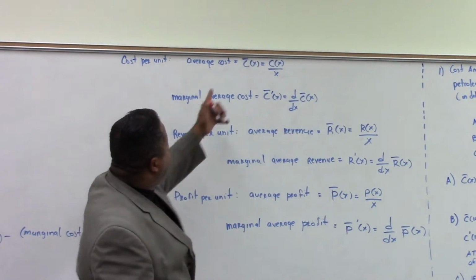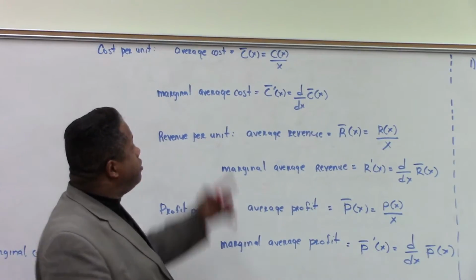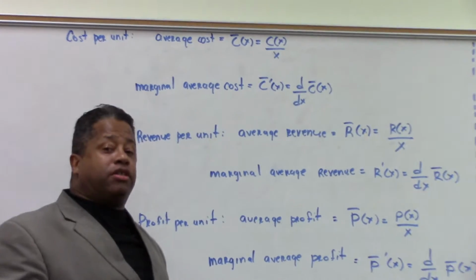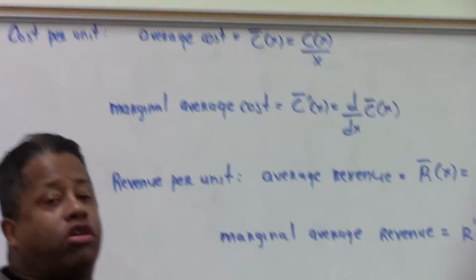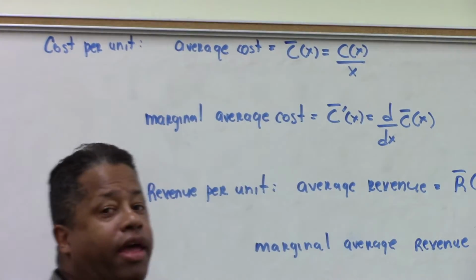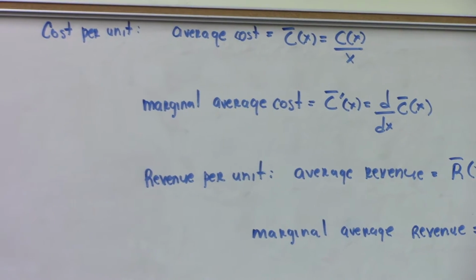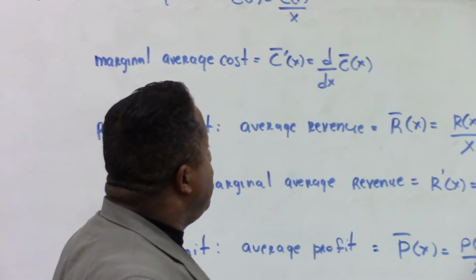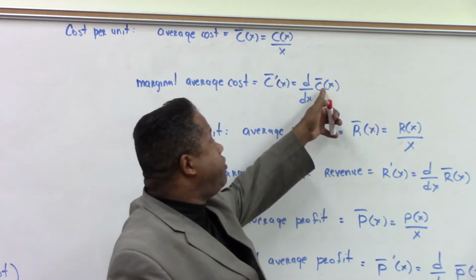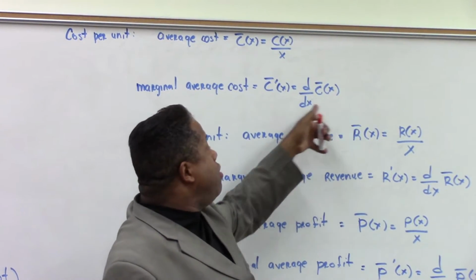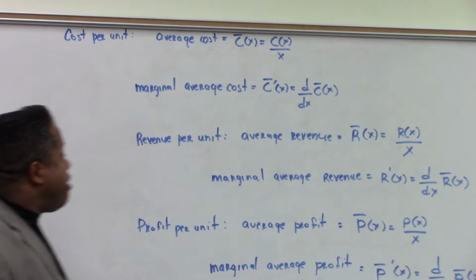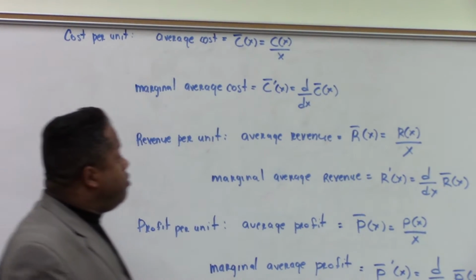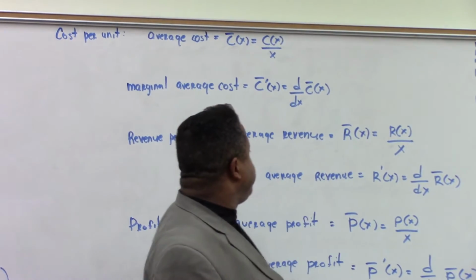The average cost is equal to C bar sub X, which is the cost function divided by X. And its marginal average cost is C bar prime of X, which is equal to the derivative of C bar of X with respect to X. Now the revenue per unit is the average revenue.